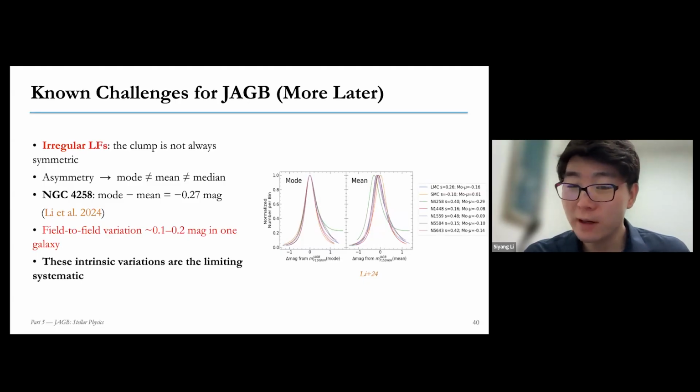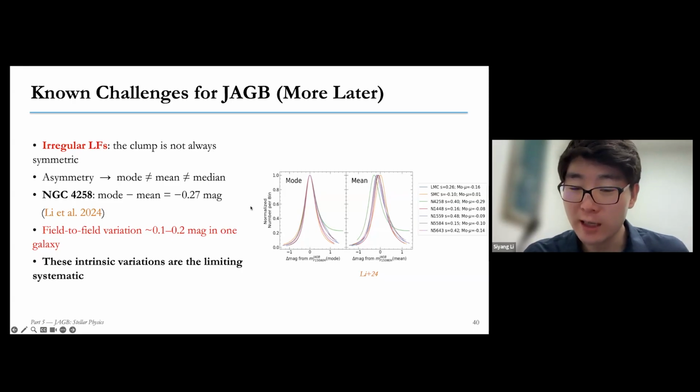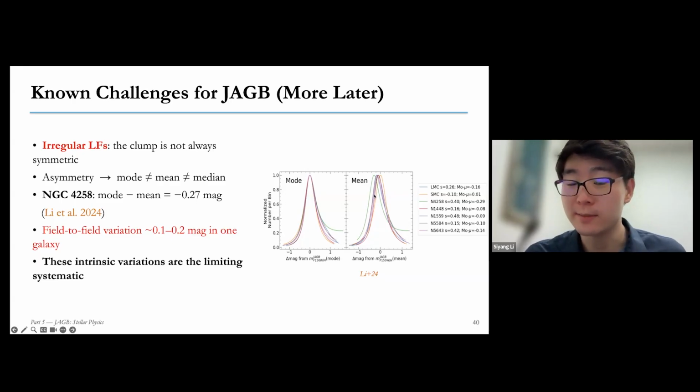I wanted to very briefly touch upon some known challenges for the JAGB, to prime you before I go into a review of some recent results. The JAGB luminosity function, when we take that J region and construct the histogram of brightnesses, is irregular. Sometimes it's symmetric, sometimes it's tilted and asymmetric.